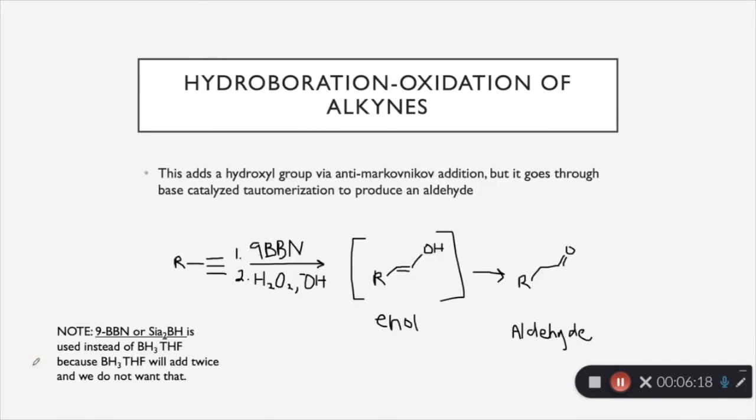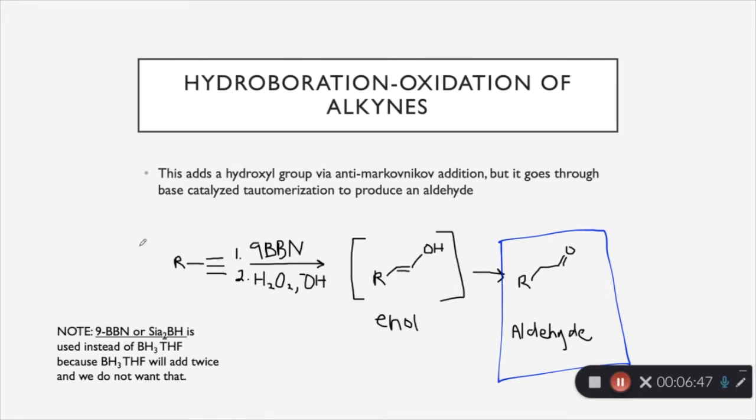All right, now we're going to talk about hydroboration-oxidation of alkynes. This is going to add a hydroxyl group in the anti-Markovnikov position, and this is very similar to hydroboration-oxidation of alkenes, but this is also similar to what we just saw. What we think is going to be the product is actually transformed into something else, and in this case, it is transformed into an aldehyde, and this is going to be the main product of hydroboration-oxidation of alkynes.